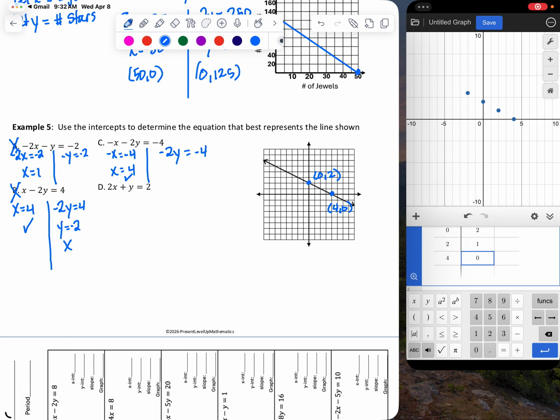Here, we'll divide both sides by negative 2. Negative 4 divided by negative 2. Negative divided by negative is a positive 2, and that also checks out. So now we have found our correct answer choice that matches the graph. And that concludes today's lesson, standard form of a line.